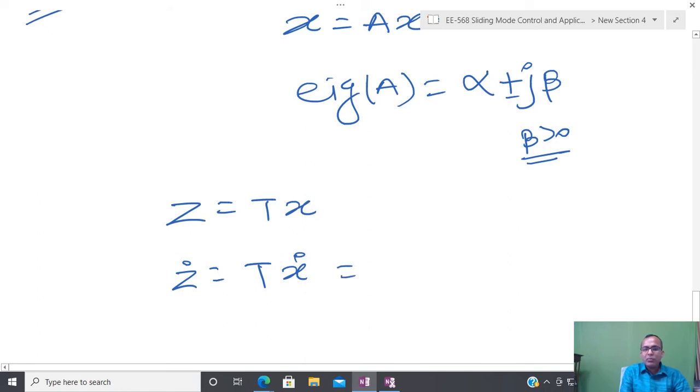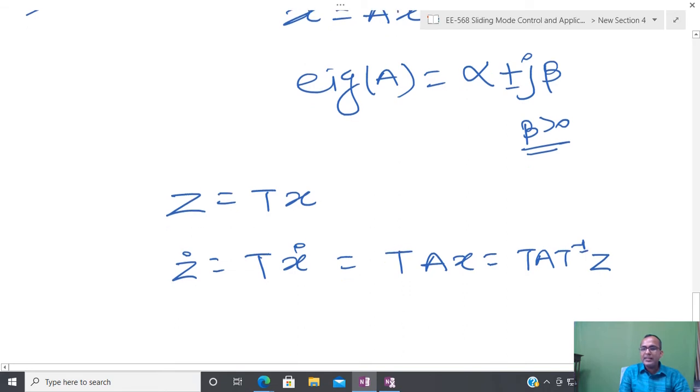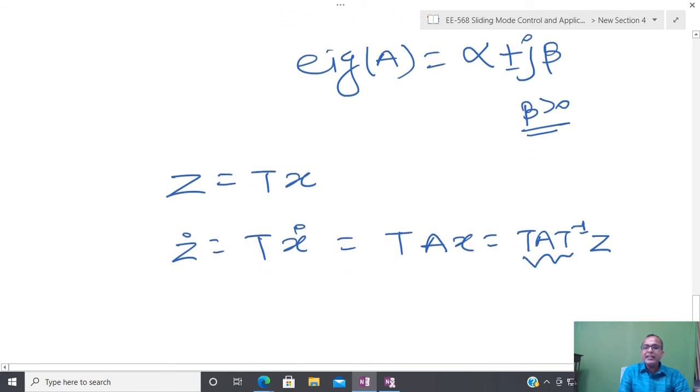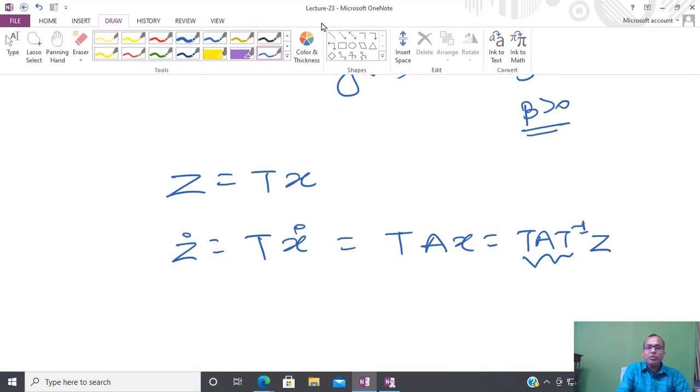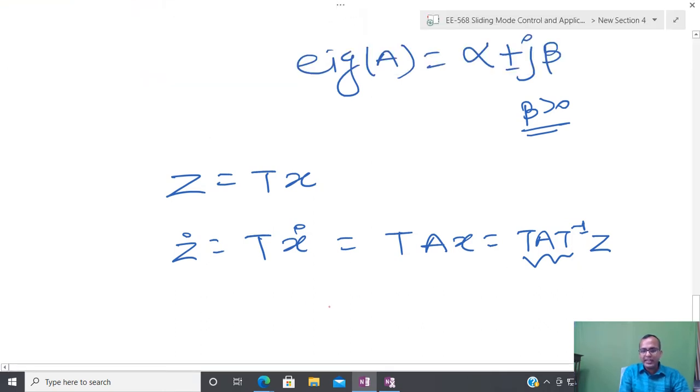After that I substitute x dot equal to Ax, and then T inverse z, and I get this expression. If both eigenvalues are strictly positive or strictly negative, then I can write it like this: 0, lambda 1 and z. But now the situation is a little bit different.